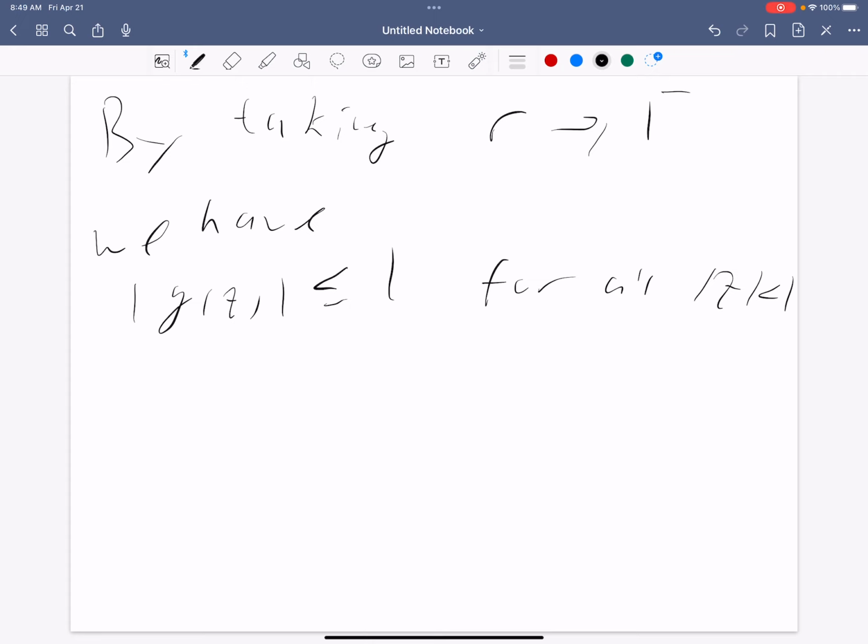Note the strict inequality is needed because we don't have z defined on modulus 1.